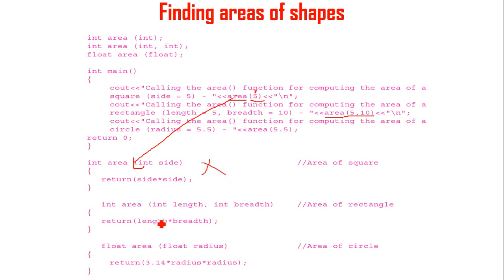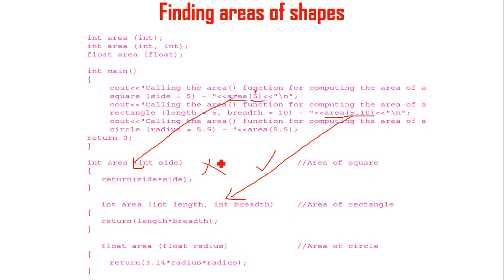In the second one, yes, we have an area function with two integer arguments, so this will be selected. Understand?